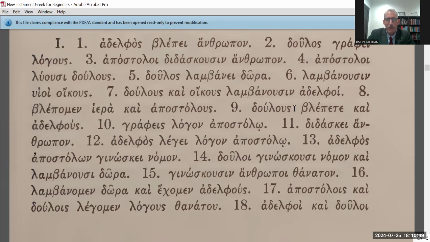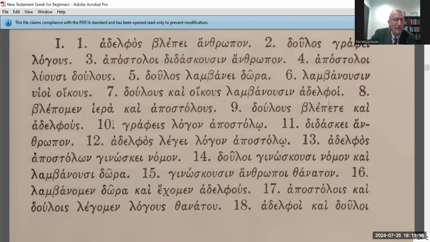They're seeing dulus, servants, kai adelphus, and brothers. So you see servants or slaves and brothers. It's a little bit complex there, because there's no subject, and with the verb you've got the subject, but it's not in the place where you would have a subject in the English.